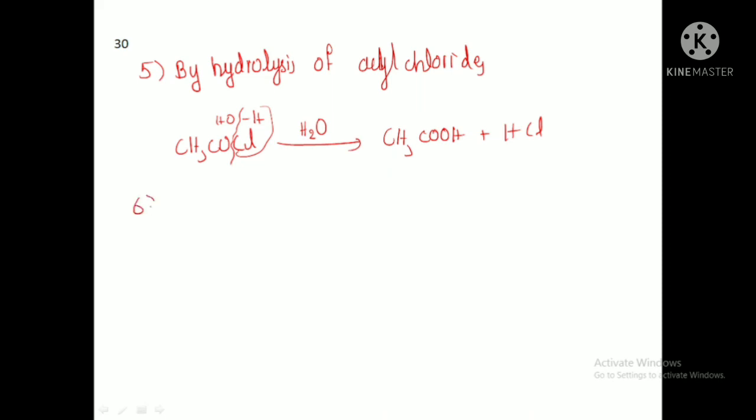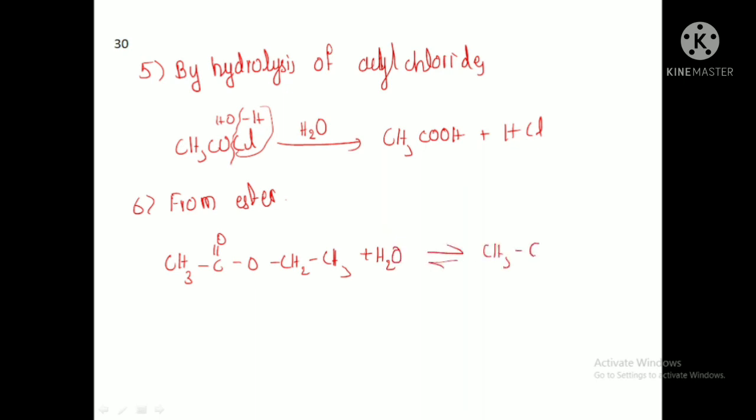The sixth method is from ester. Here also the same process. I will take ethyl acetate, CH3C double bond O, O CH2 CH3. Ethyl acetate on reaction with water, H2O, will form CH3 C double bond O OH.